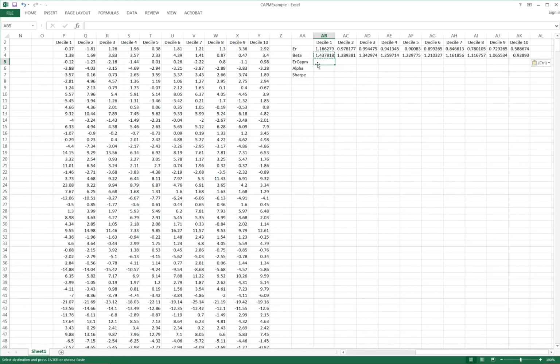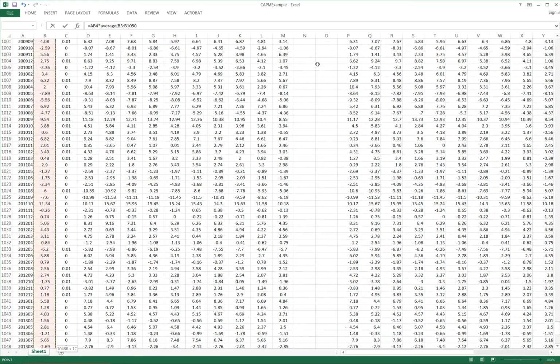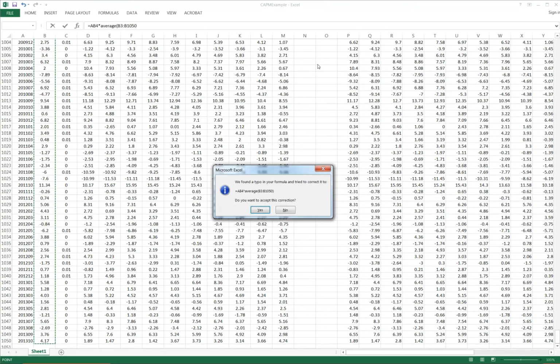All right, now we can calculate the expected return that CAPM predicts. That's simply going to be the firm's beta times the average excess return on our market factor. So go back over here one more time, punch that in.